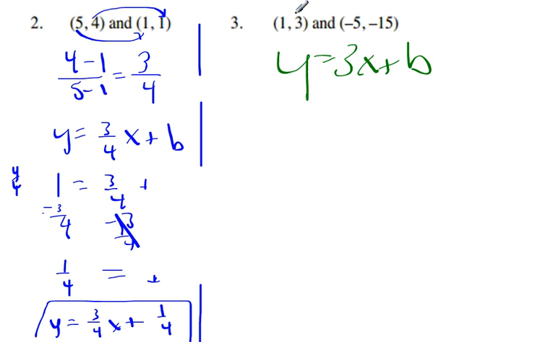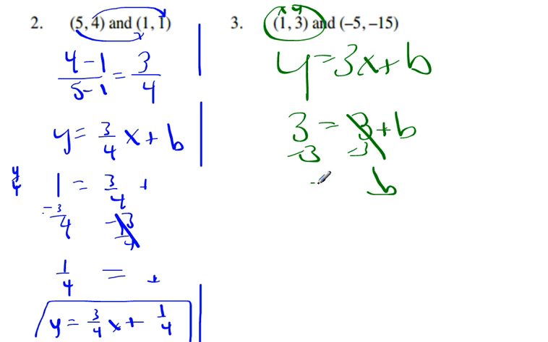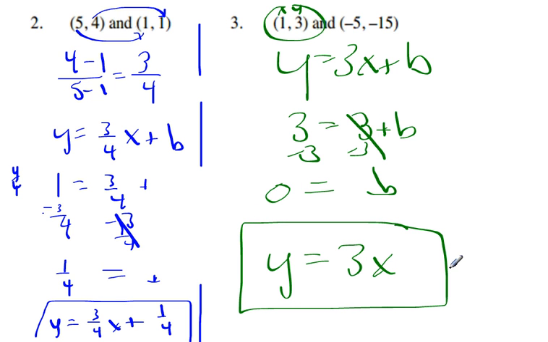Then plug in one of the points. This one looks easier for x and y. So 3 equals 3 times 1 plus b. Subtract 3. B happens to be 0. So the final answer is just y equals 3x, or y equals 3x plus 0 if you prefer. All right, hope that helps.